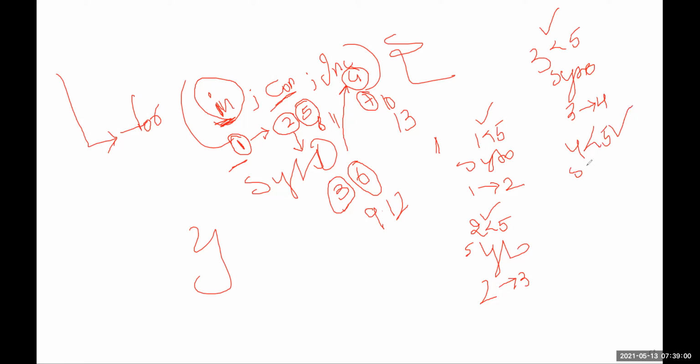Yes, CISO, and then increment 4 to 5. Now is 5 less than 5? No. So that is why it is coming out. You understood the flow of the for loop?